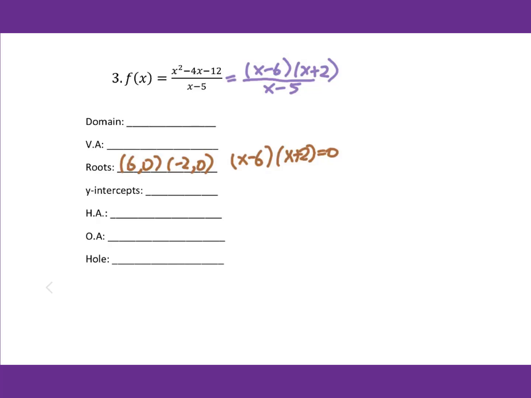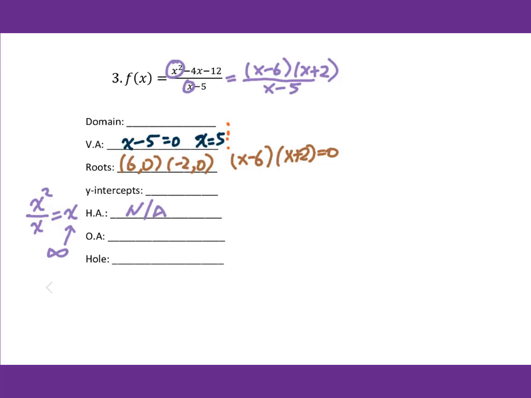Vertical asymptote line, denominator equal to 0, x minus 5 equal to 0, x equal to 5. This is a vertical asymptote line. For the horizontal asymptote line, we need to check the leading terms, x squared and x. X squared over x, that's equal to x. Then we plug infinity into this x. You will get infinity. That means not available.